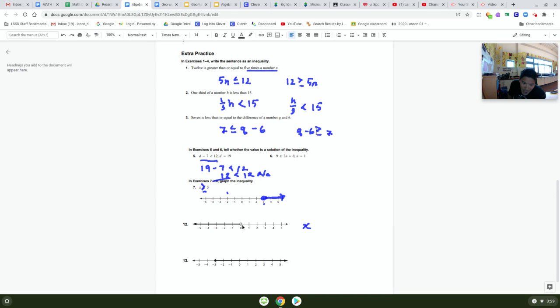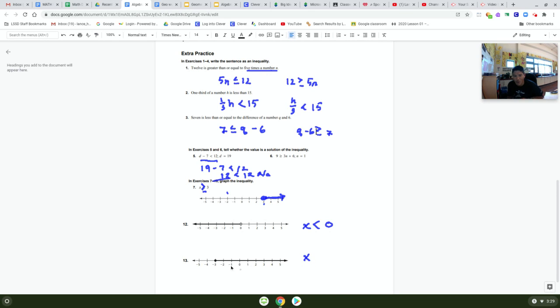On x, I have an open circle, if you can see that, at 0. That means my inequality will not include a line underneath it. And then I notice everything is filled in to the left, so everything's just less than 0. x is less than 0 would be the correct inequality for the graph. Then number 13, again, I'm going to use x.